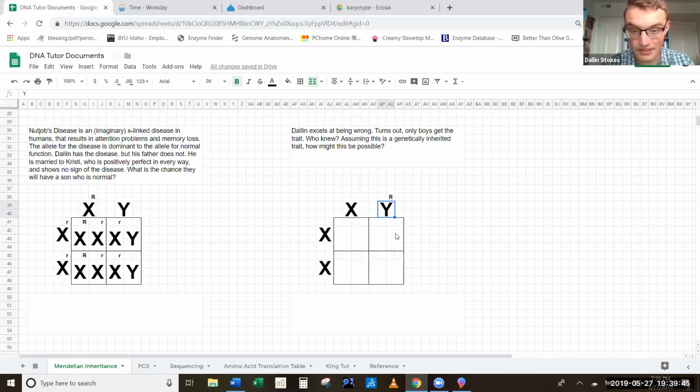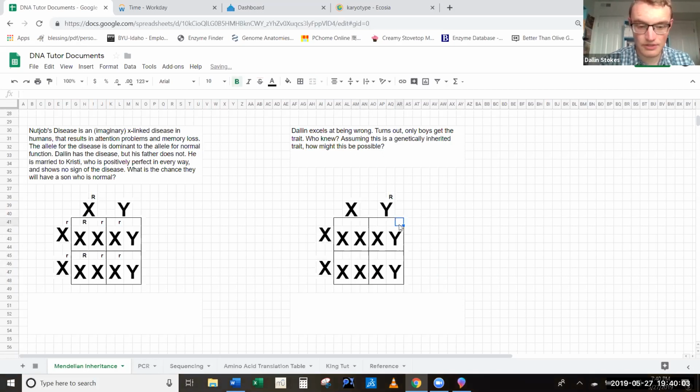Now, if you do your crosses, you end up with X, Y, X, Y, X, X, X, X. And you end up with these two Y's having big R's and none of the X's having it. So, what percentage of the boys have the trait? 100%. Because every boy gets the Y chromosome from their dad.